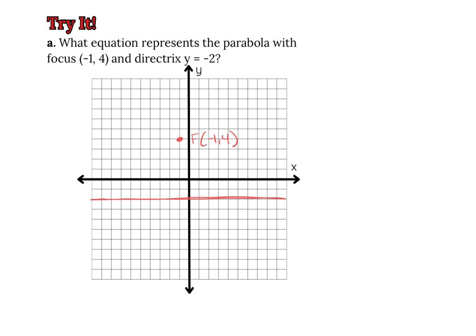So I want to find my vertex. We're finding a point that is equidistant from the focus and our directrix. So that would be at -1, +1.